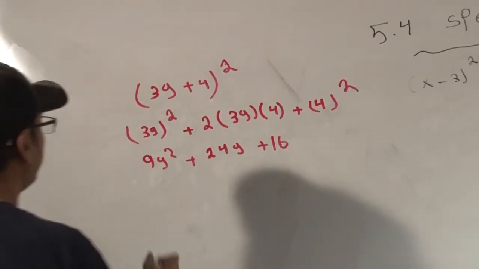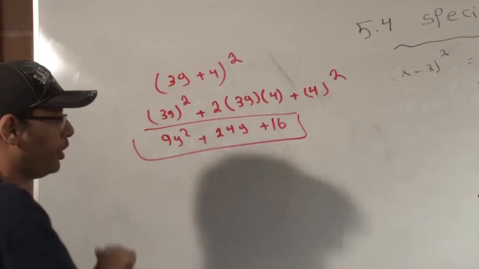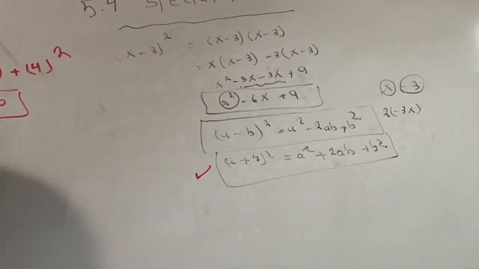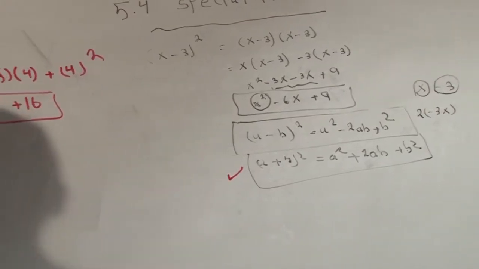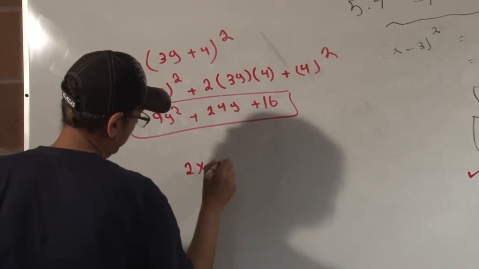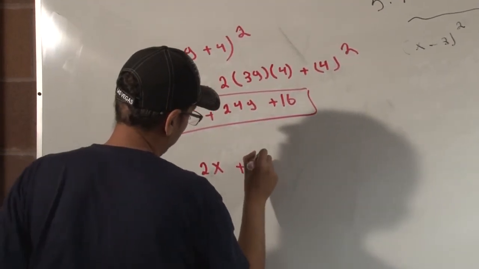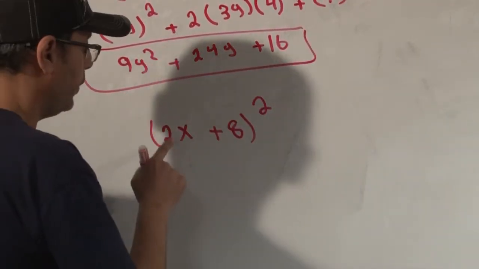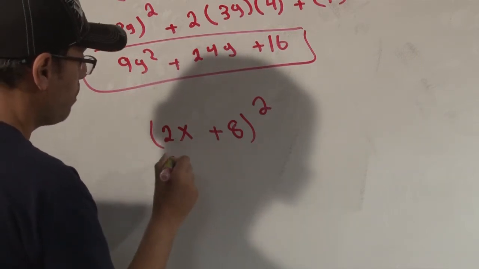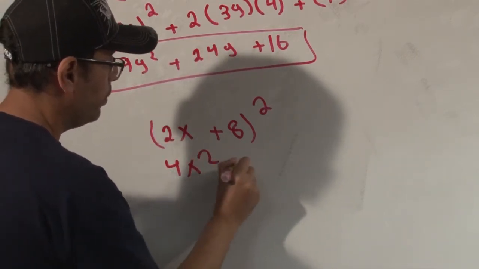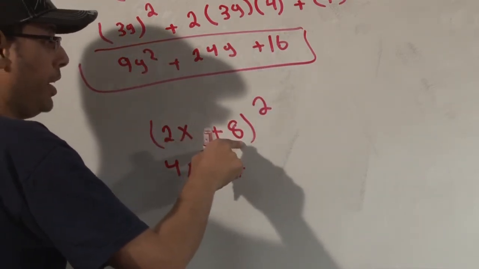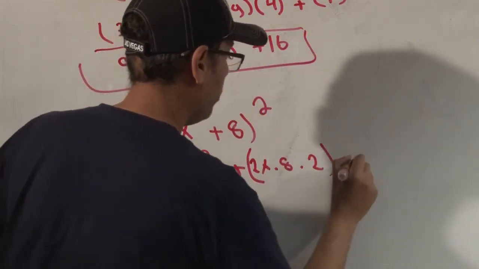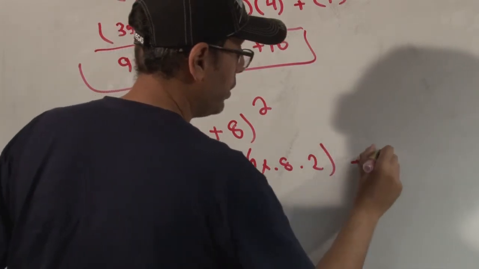So I can conclude here that there is a formula that could help me to do that. Let's take another example. Okay, a squared: 4x squared, plus 2 times x times 8, plus 8 squared is 64.